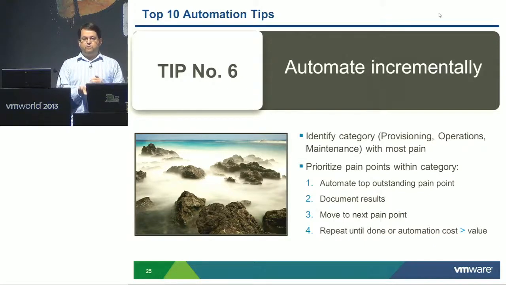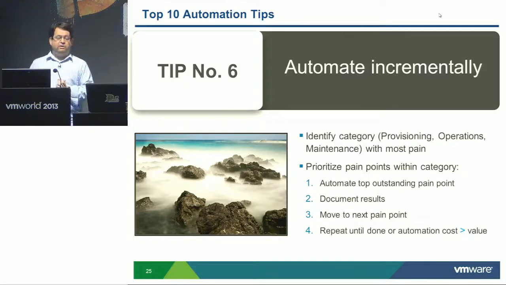Identify within that subcategory which piece of provisioning causes the most pain in terms of the amount of resources it requires or how long it takes, and then tackle that first piece and go ahead and automate it, and then document it, and then move on to the next pain point that's next down the list.